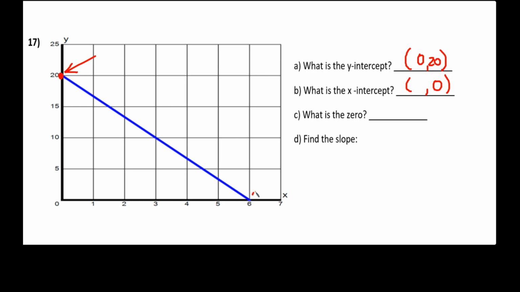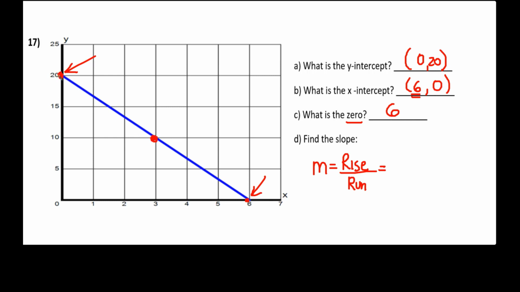And for the x-intercept, you look for where the line touches the x-axis. So in this case, it will be 6. Again, the 0 is the x-coordinate for the x-intercept, so the answer is 6. And for the slope, since I have a graph, I'm going to use rise over run. I pick 2 good points, and in this case could be these 2 points right there, or also you could use these 2 good points right here.